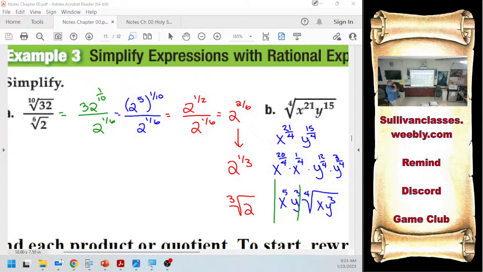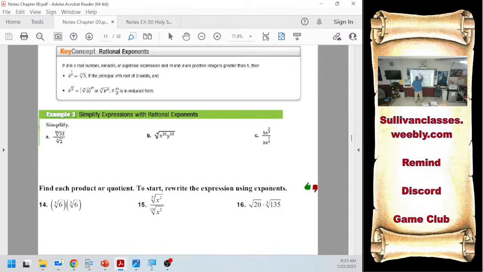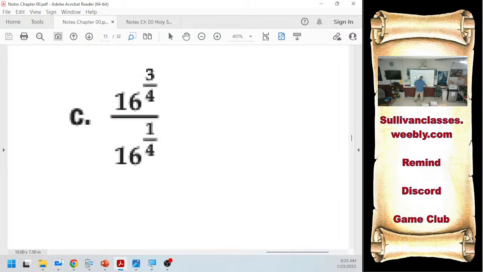Once you get the definition of a rational exponent, you're able to kind of ping pong back and forth between different methods to simplify stuff that you probably couldn't have before. Like this guy, if I say 16 to the 3/4 and 16 to the 1/4, boy, are there a bunch of ways to write that.